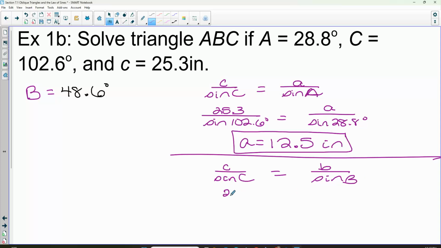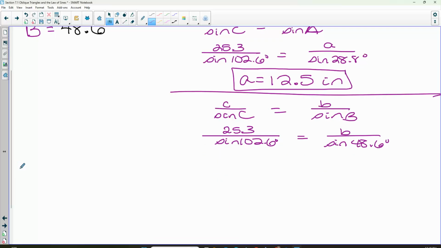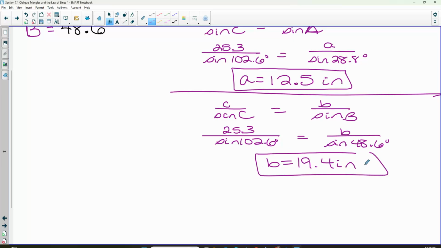So C, 25.3 over the sine of 102.6 equals, I don't know, B over the sine of 48.6. And what did you get for that one? 19.4. How did we do?